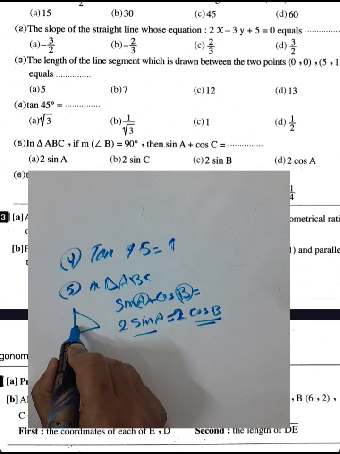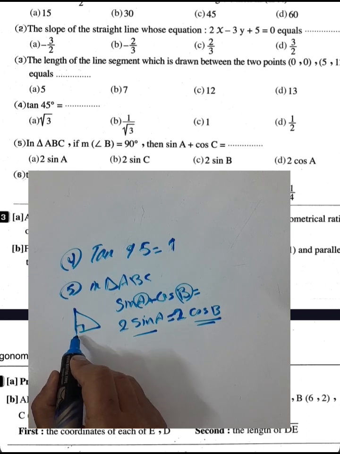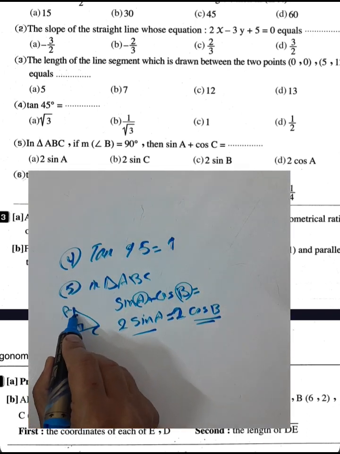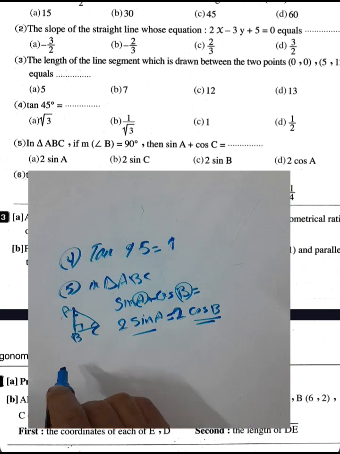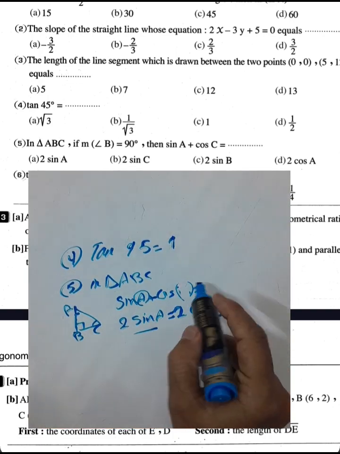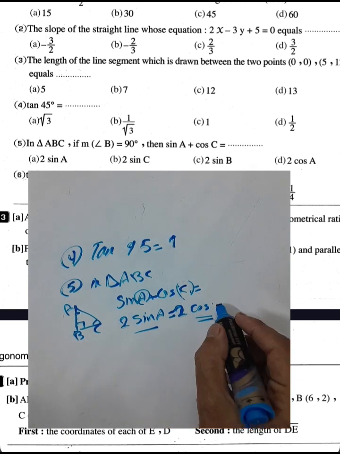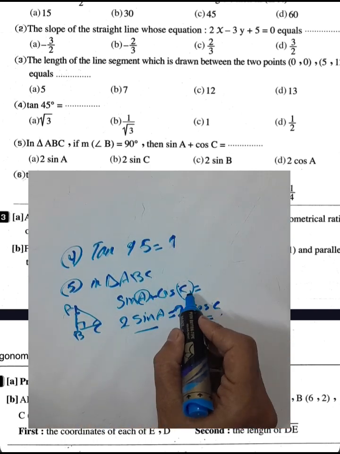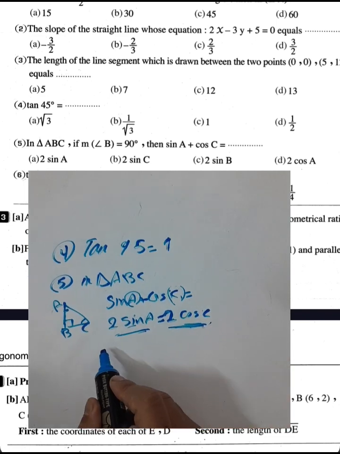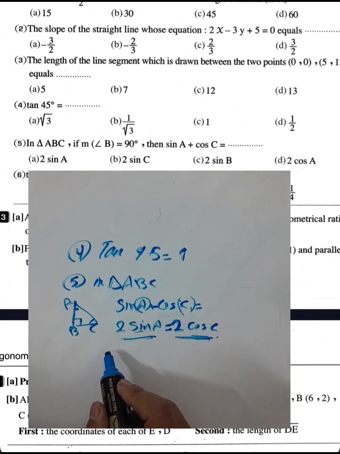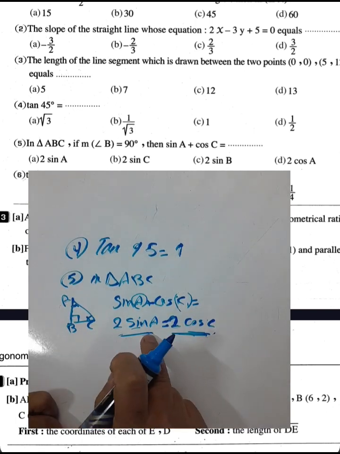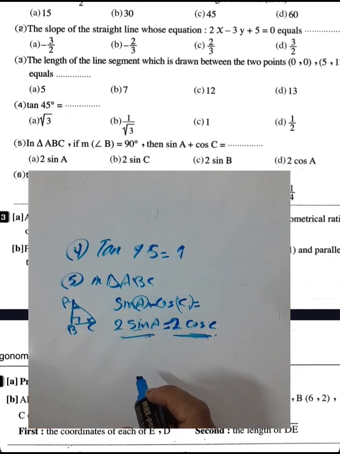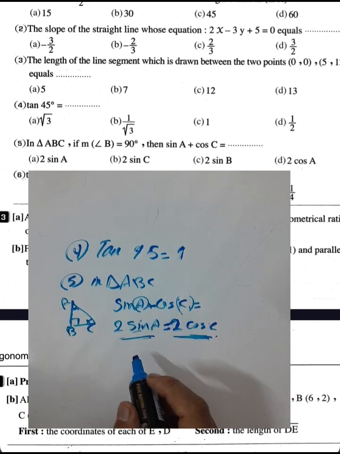We have a right angle triangle, and sine A equals cosine C. Sine A plus cosine C will be twice sine A or twice cosine C, because angle A and angle C are called complementary angles. The sum of them equals 90 degrees. Then twice sine A is equivalent to twice cosine C. Then choose twice sine A, choose letter A for question number 5.